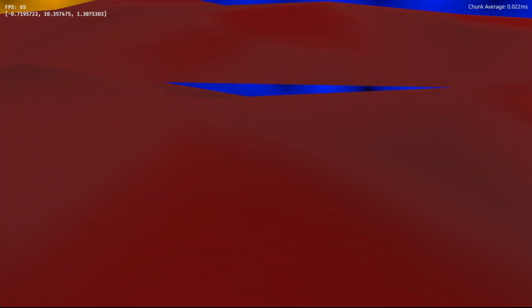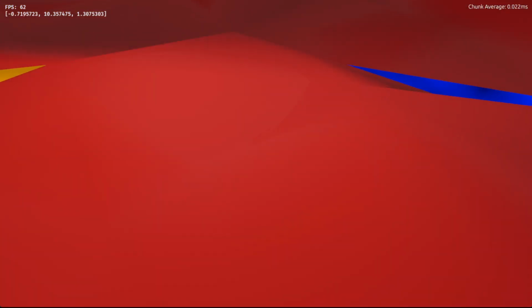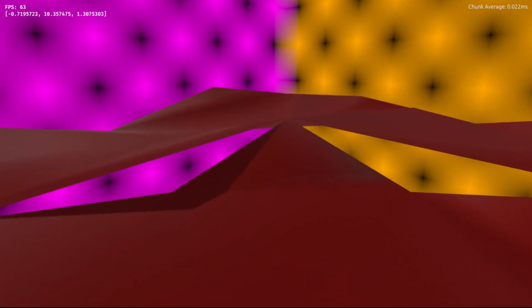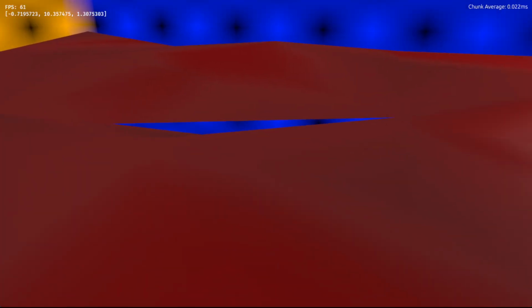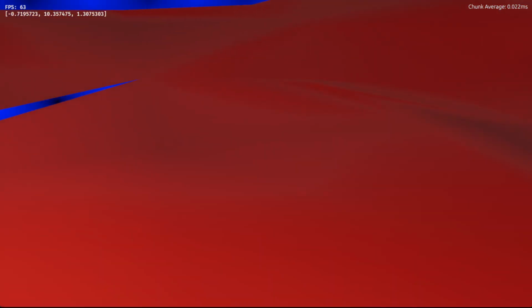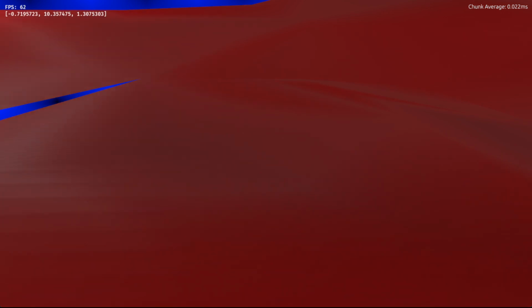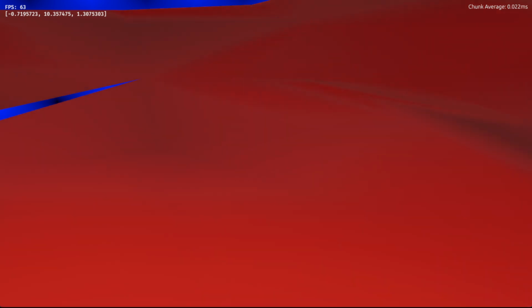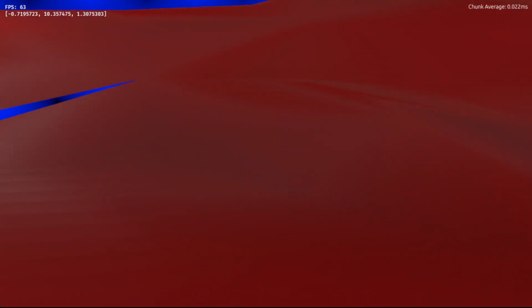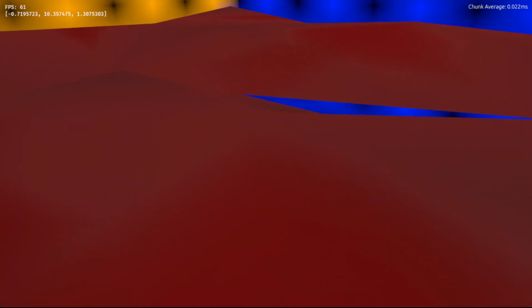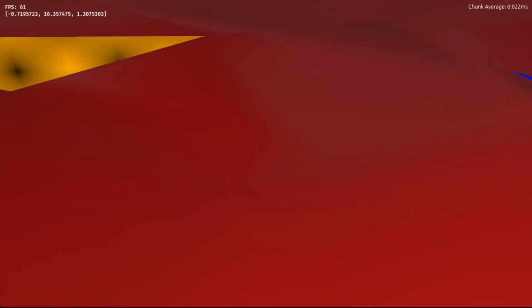So as the camera moves, what I want to happen ultimately is for every chunk to change its size and its level of detail, and they should all fit together smoothly, so that the highest level of detail chunks are closest to the camera, and the lowest level of detail chunks are far away.